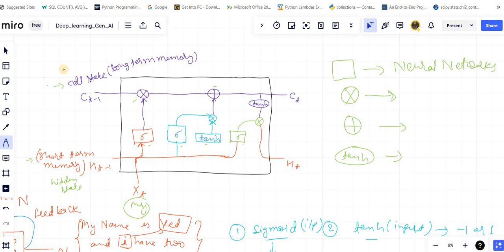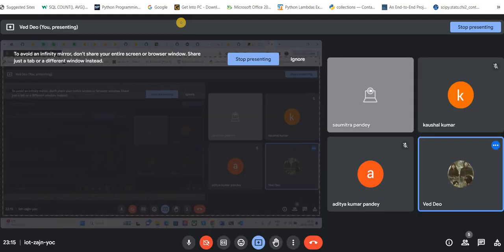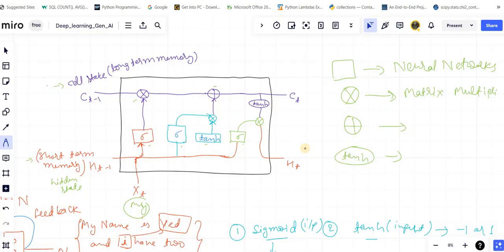So this first is neural network. This is called matrix multiplication. And this is called matrix addition.